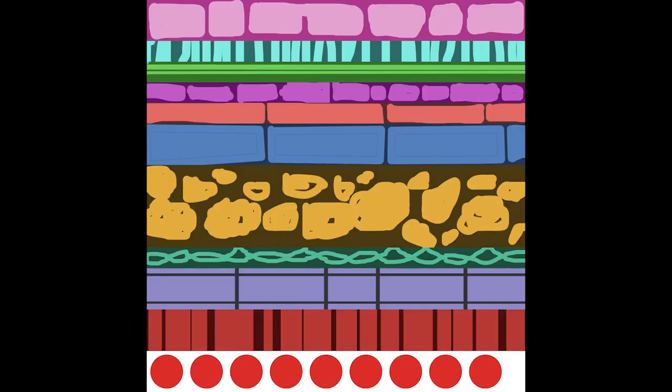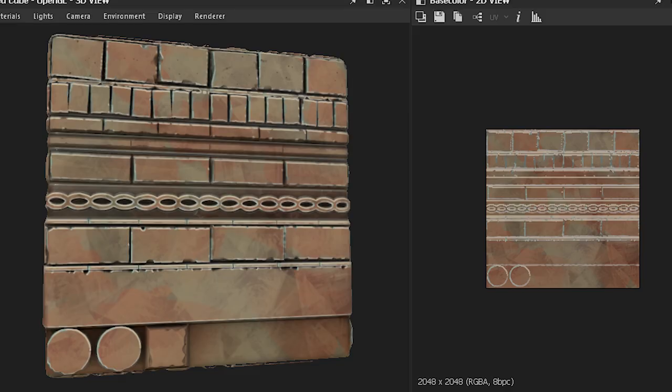And I'm planning out my trim sheet a little differently, as you can see from my beautiful color ID map here. I'm just trying to nail down which trims I want. And this is the final trim sheet that I settle on.